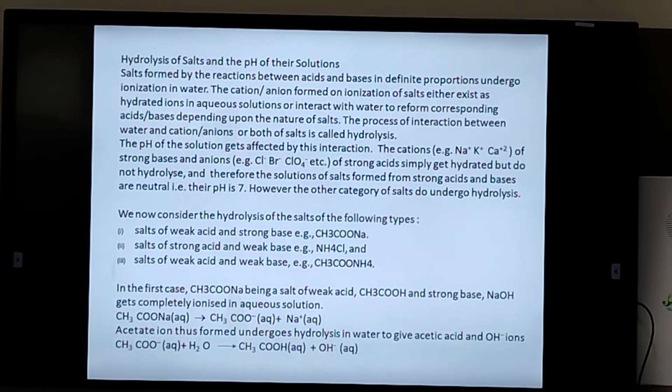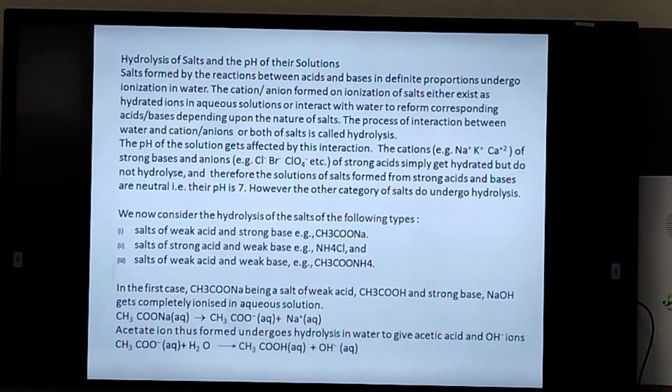The cation of a strong base and anion of a strong acid simply get hydrated but do not hydrolyze, and therefore the solution of the salt formed from strong acid and strong base is neutral, that is, its pH remains 7.